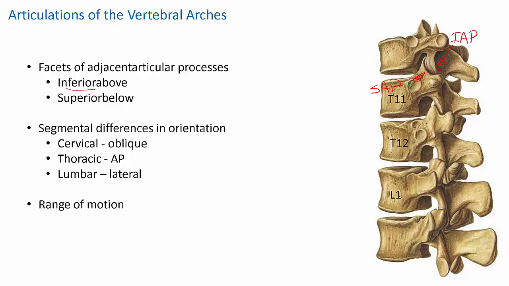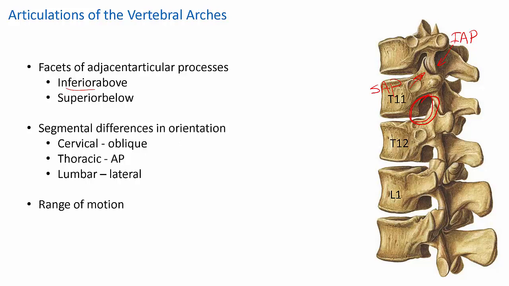So do keep in mind that the superior articular process is going upwards, but it's actually going to be forming the foramen of this area right here below the body of the adjacent vertebra. Sometimes the naming can be a little tricky there, but I do just like to keep that in mind.